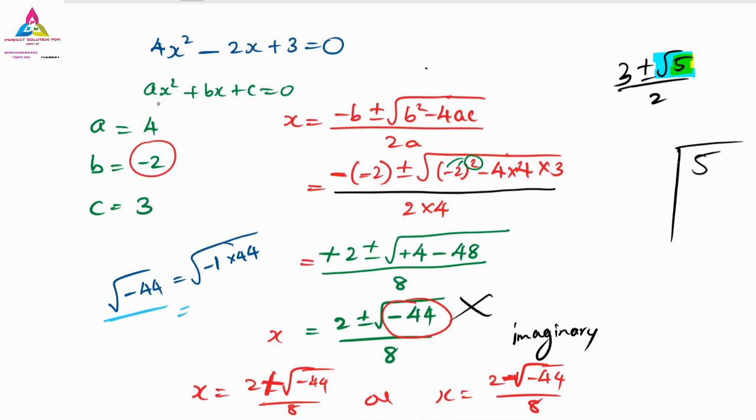So in your PUC, when you go, they consider this minus 1 that we have. This can be done as minus 1 into root 44. Yes, this minus 1 that we have, we give as a complex number i. i is nothing but root minus 1. This will come in degree or PUC second year.